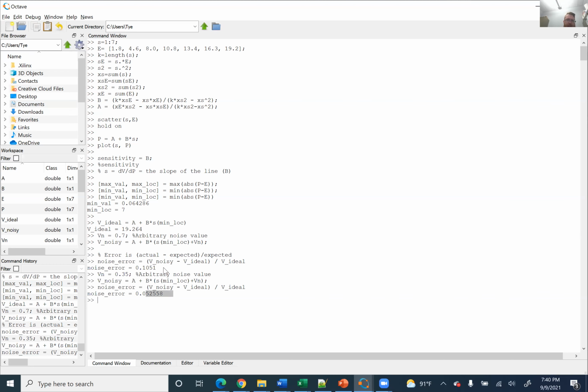Which is expected. It should be half of whatever this is. If I want it as a percent, I just take noise error times 100, and now I have my percent error. Okay, that walks you through finding the sensitivity and finding the error.